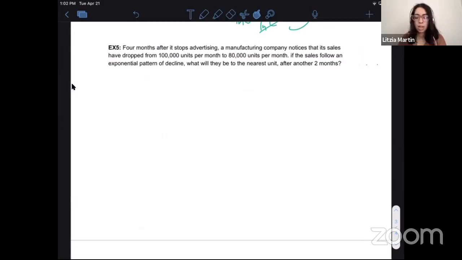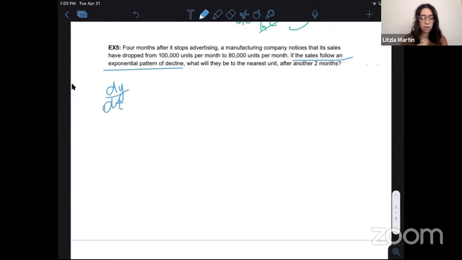So we have a decay there. If the sales follow an exponential pattern of decline, what will they be to the nearest unit after another 2 months? We are already being told that the sales are following an exponential pattern of decline. So that's kind of the key word telling us we can use this theorem.